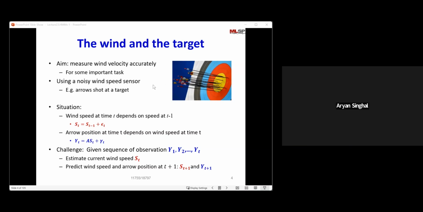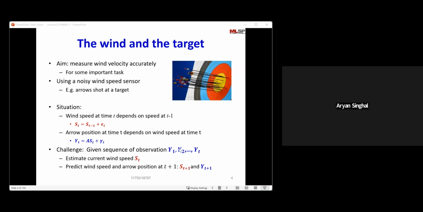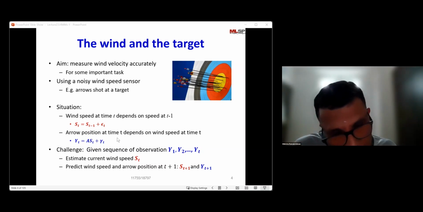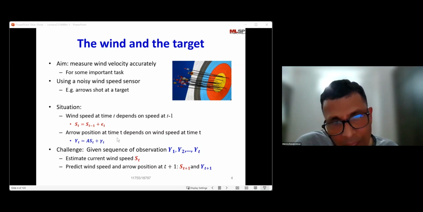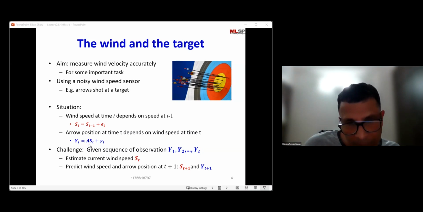So y1, y2, yt, are these the position of a single arrow at different times? You're shooting multiple arrows, and these are the offsets. Okay. So you're shooting several arrows, right? Each arrow is going to be affected by its current wind velocity, right? But if I just take a single measurement, I'm going to make some error in estimating the wind velocity.